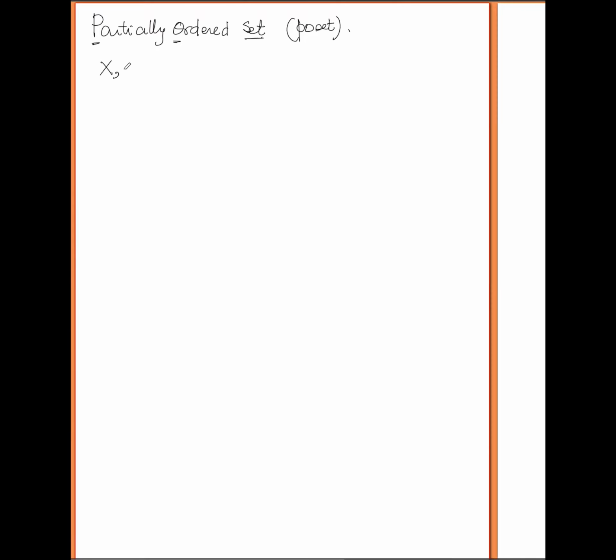It comes with a relation, usually written like this, where this is a relation on X. It is reflexive, it is transitive, and antisymmetric.